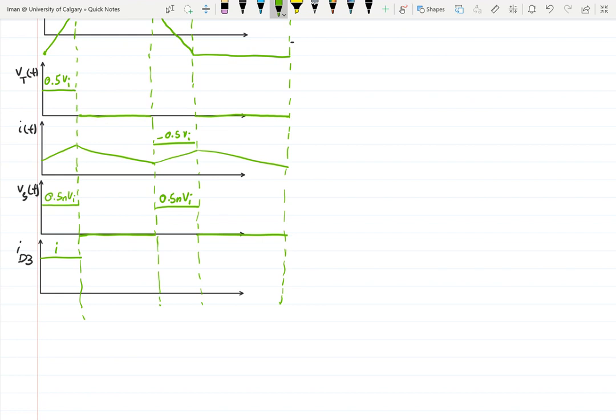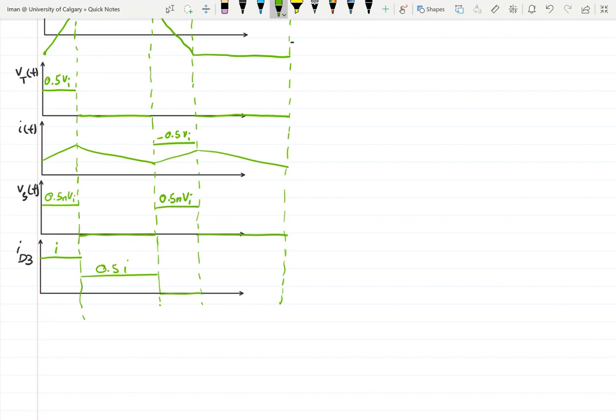So ID3 is equal to whatever value our I of t was above here. It's a linear ramp up, but I draw it as identical to the value of the current in the inductor. And then when Q1 turns off, half of the current passes through D3 and half of it passes through D4.